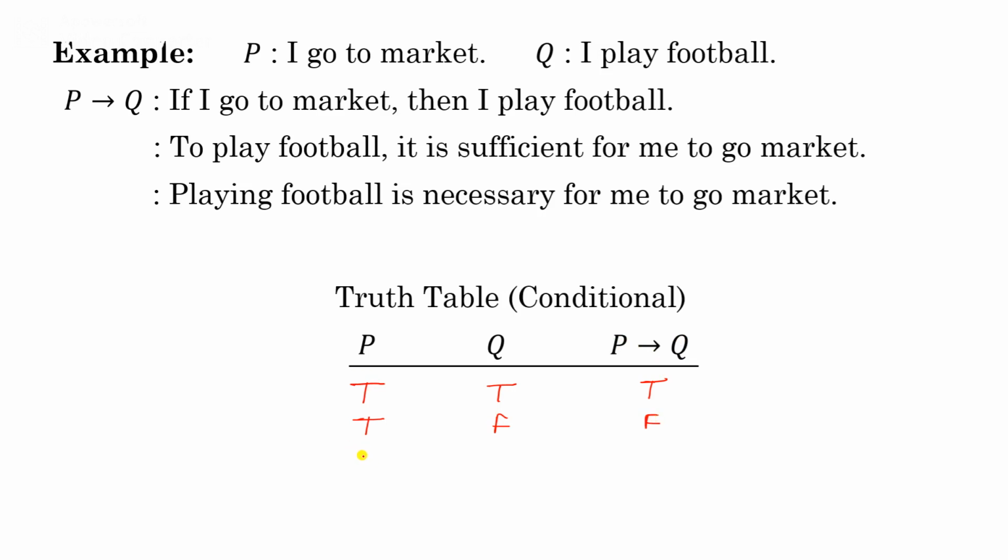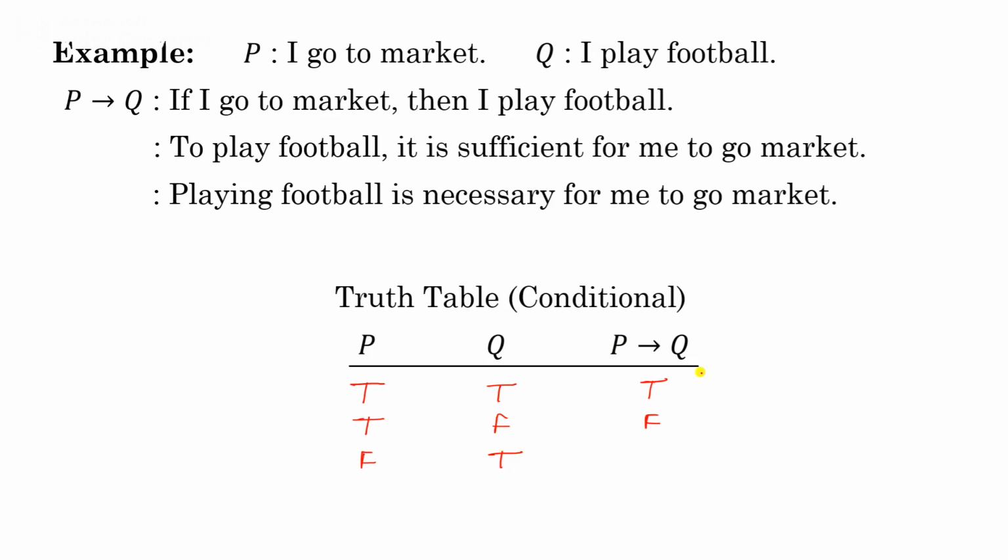Now the third case, when P is false and Q is true. Now look at this, P is false, the sufficient condition is false, but Q is true. What about the truth value of P implies Q? P implies Q is if P then Q, but here P is a sufficient condition, not a necessary condition. It may be possible that the sufficient condition is false but the necessary part is there because Q is true.